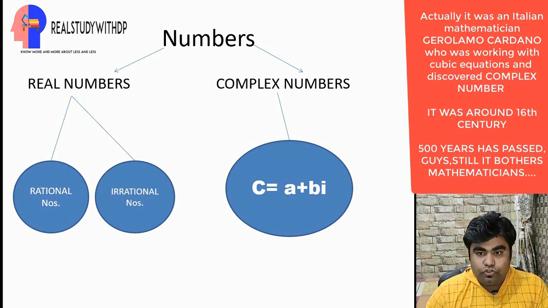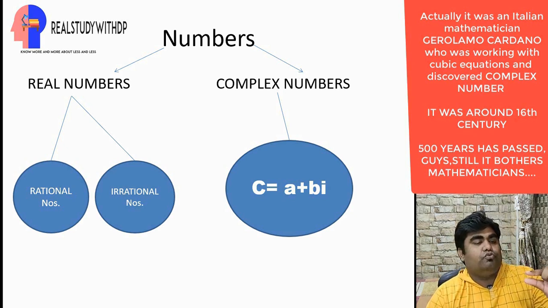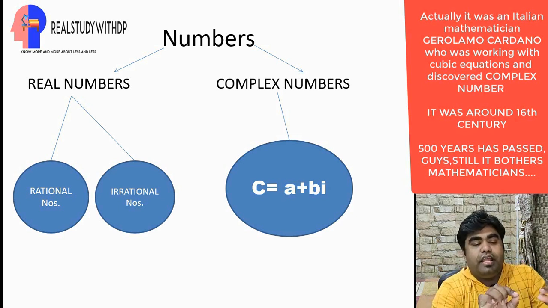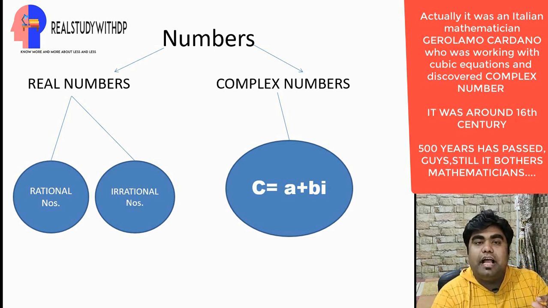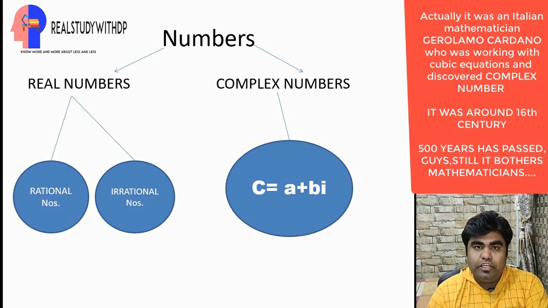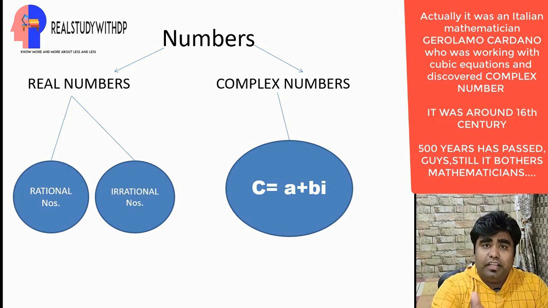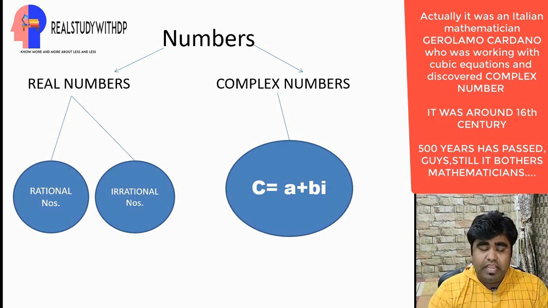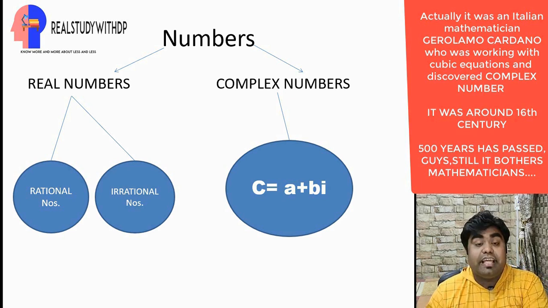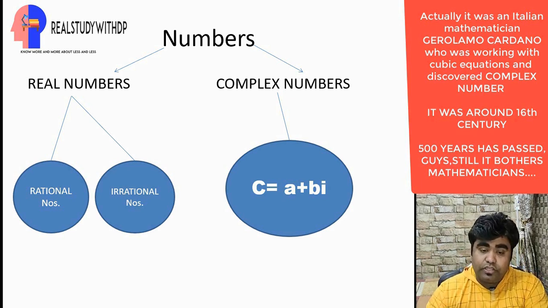We don't have any value, so we simply take the square root of -1 and denote it as iota. We consider it a constant, a well-defined number in mathematics. Yeah, you can say iota square is -1, rather. Iota square is negative.